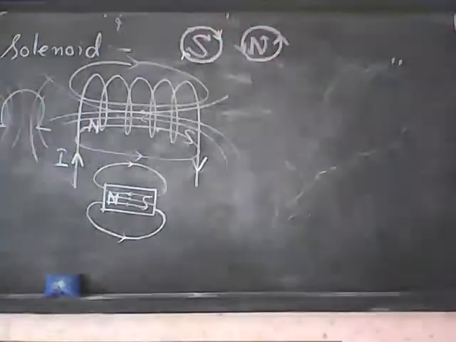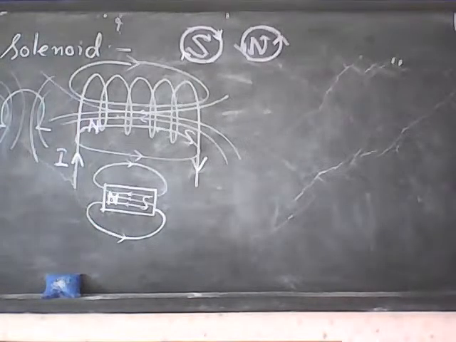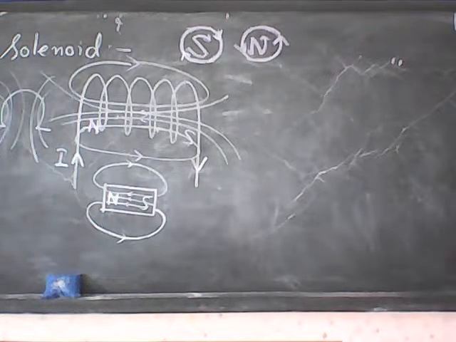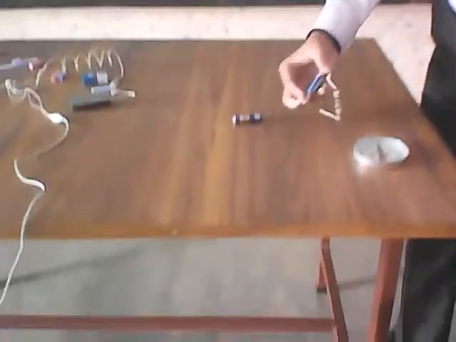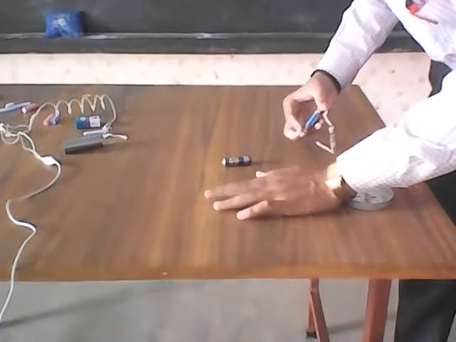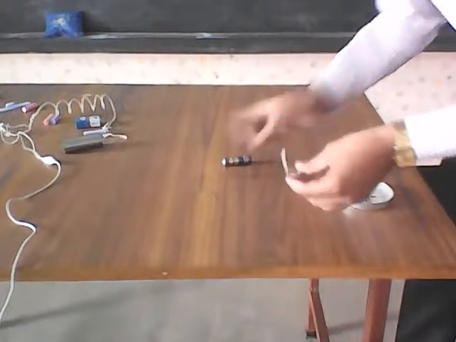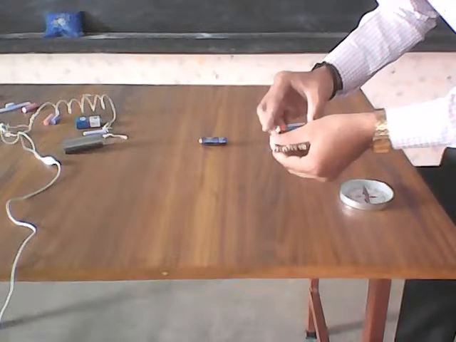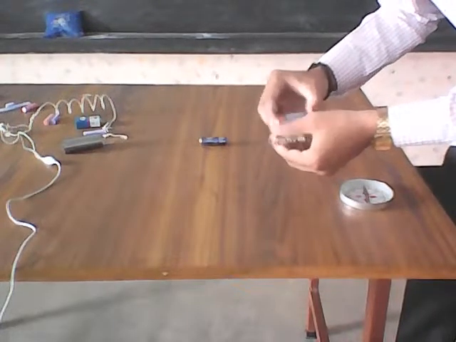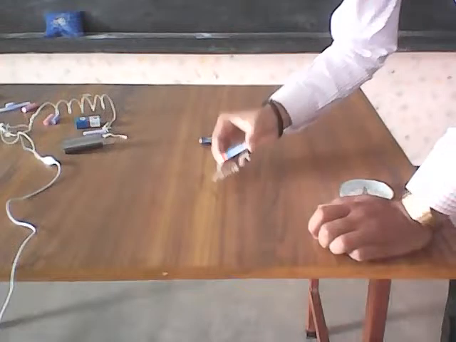Just hold on. Are the pins visible to you? Might be, it will be visible to you, so we can see. But when you connect it to the cell, this will behave as a magnet.